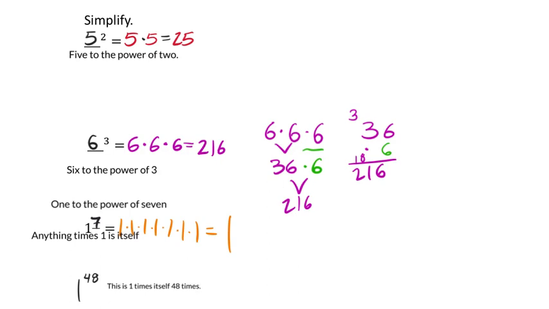It's not adding to itself 48 times, it's just multiplied by itself 48 times. But anything times 1 is itself, including 1, which means that if we were to evaluate it, that would just be a 1. And in fact, it wouldn't matter how big this number is, the answer is still 1.